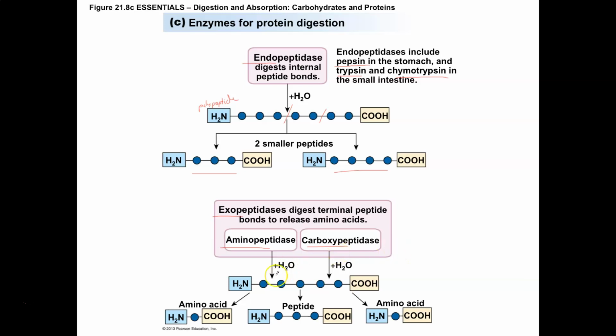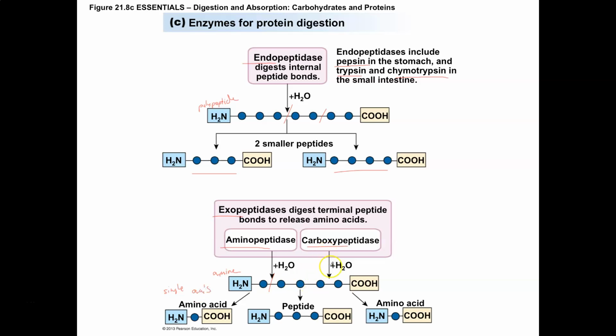So aminopeptidases work from the amine end. So you can see here we have the amine end of the molecule. So aminopeptidase is chopping from the amine end. And this allows us to generate single amino acids.